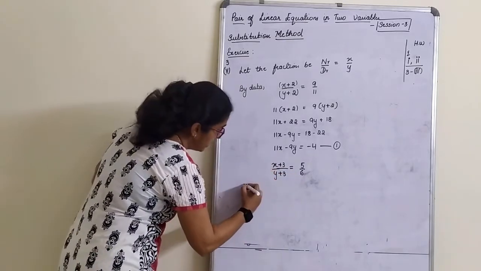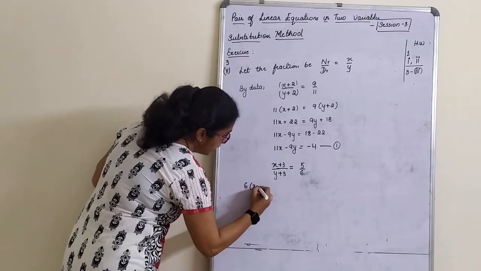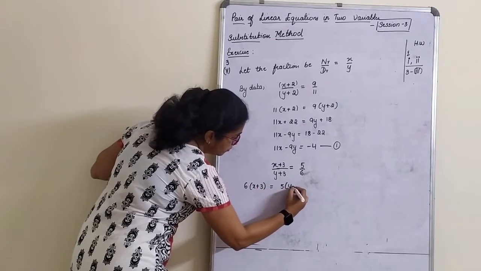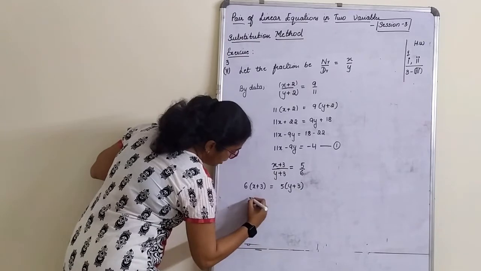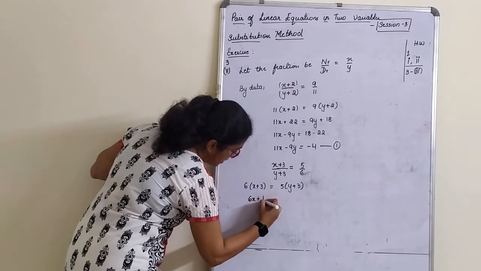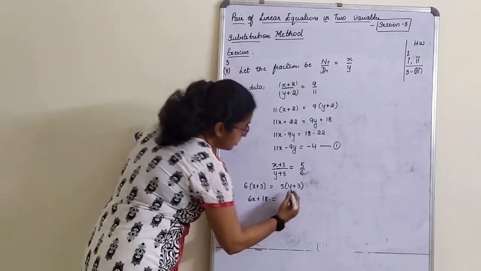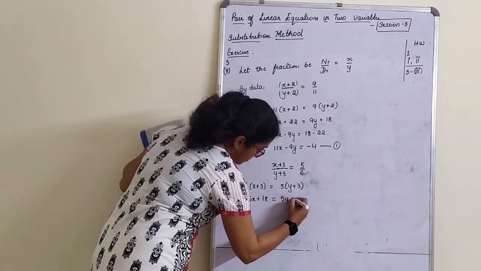So cross multiply. So this is 6 into x plus 3 is equal to 5 into y plus 3. 6x plus 18 is equal to 5y plus 15.